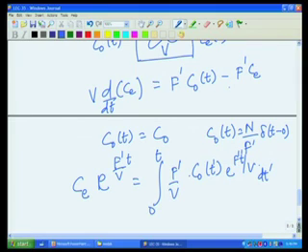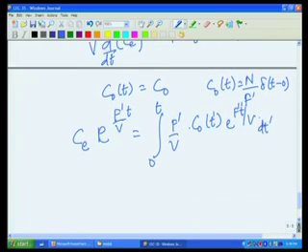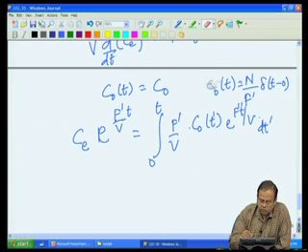This is just a linear equation, so I can get integrating factors and express this solution in this particular form. Okay. So, to make it more clear, let me.